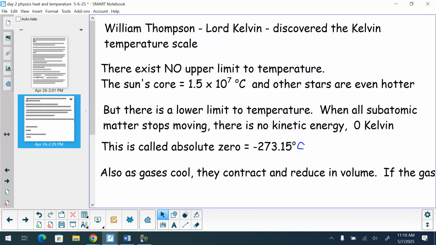The neutrons, electrons. This is 0 Kelvin, which is really cold.